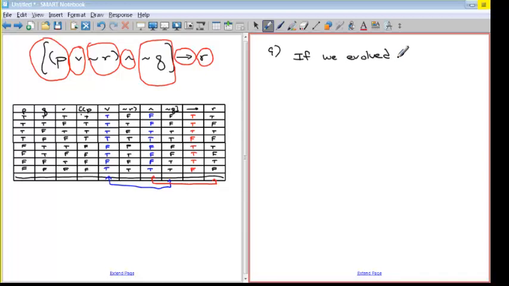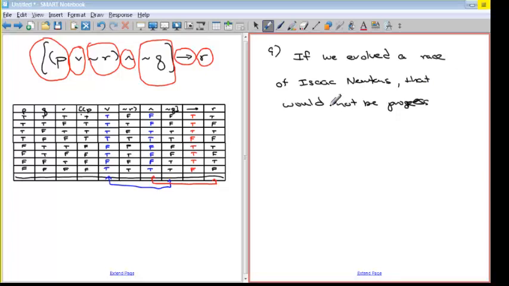If we evolved a race of Isaac Newtons, that would not be progress. So that is the first premise.